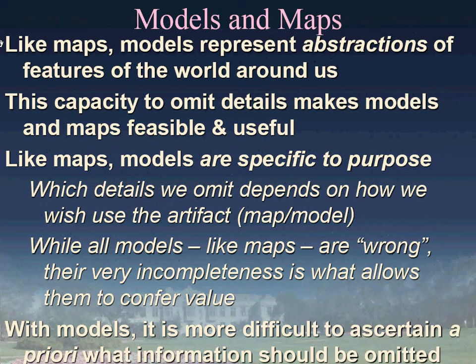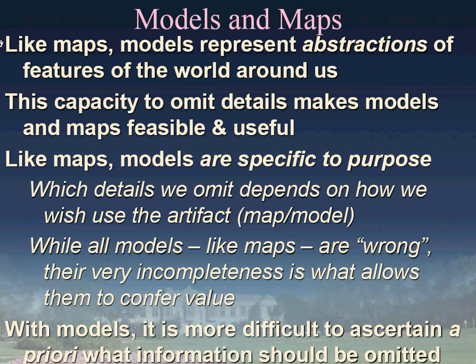If we want to figure out why flooding is occurring in the area of Boston Hill, we'll use a different map. Models are useful because they omit details, and they represent abstractions. They hide certain details and bring out effective details.